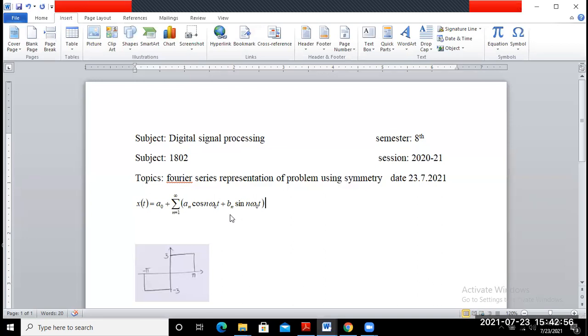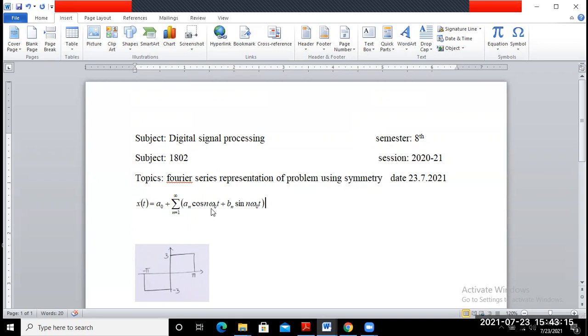If any signal follows even symmetry, it consists of cosine terms.